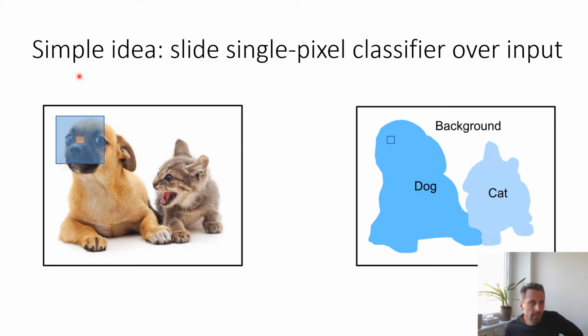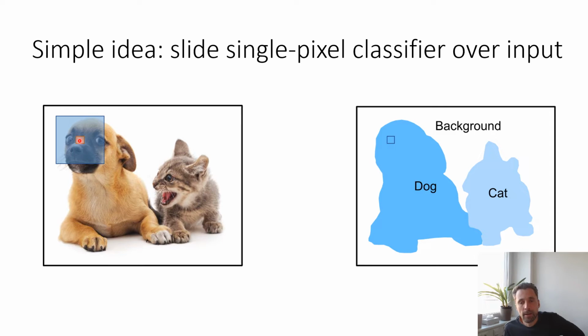So the simplest idea would be to have a static input of a given size, maybe 100 by 100 pixels, and use a convolutional network that maps to a one-dimensional output that represents the likelihood of your center pixel to belong to a certain class.